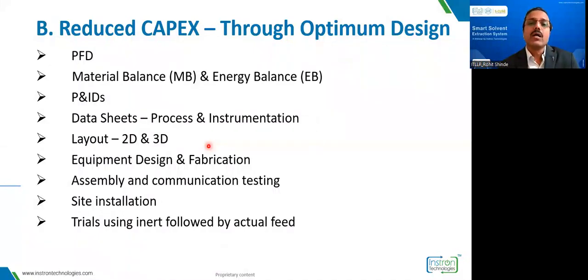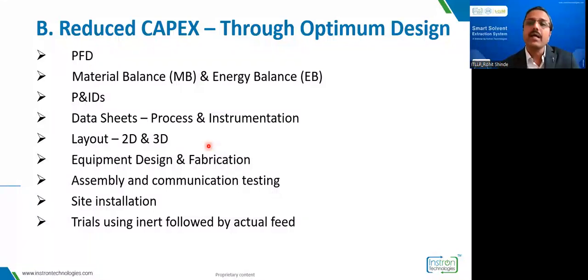Considering the R&D approach, we design the plants with energy and material balance using heat integration. As part of the package, we work on PFD, and material and energy balance. We supply the P&IDs. We also work on data sheets, layouts, equipment design and fabrication. After this, we order all the bought-out items, assemble at our place, and do the testing and commissioning.